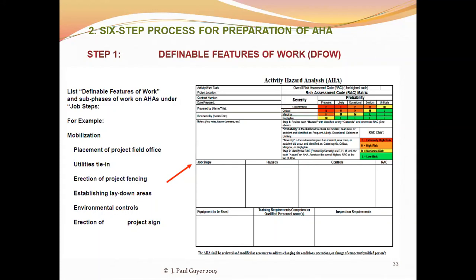The key as far as the activity hazard analysis, though, is the job steps that you identify. These are the steps that are necessary in order to complete this work task. And this work task needs to be completed in order to achieve the construction of the defined feature of work.